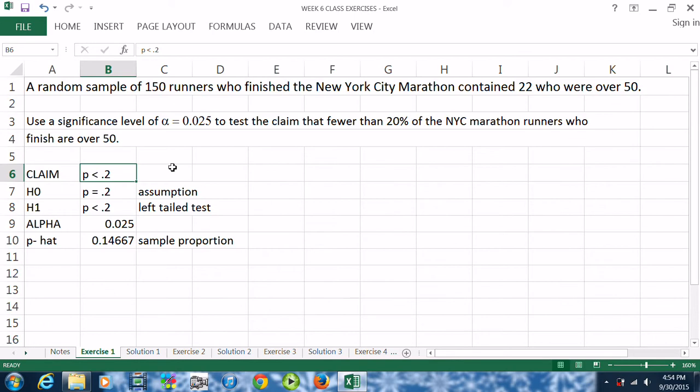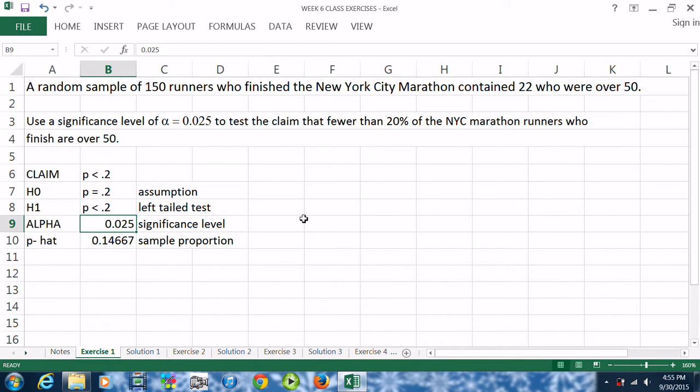So, to recap, we're making a claim that the proportion of runners who are over 50 who finish the marathon is less than 20%. So p is less than 0.2. Our assumption, or the null hypothesis, is that p equals 0.2. So that will be the middle of our normal curve at 0.2. The alternative is the same as the claim, because it's always an inequality, and that's that p is less than 0.2. Less than points to the left tail, so this gives us a left tail test. The probability of being in the left tail is alpha, which is also called the significance level. And we're choosing the 0.025 to correspond to the left side of a 95% confidence interval.